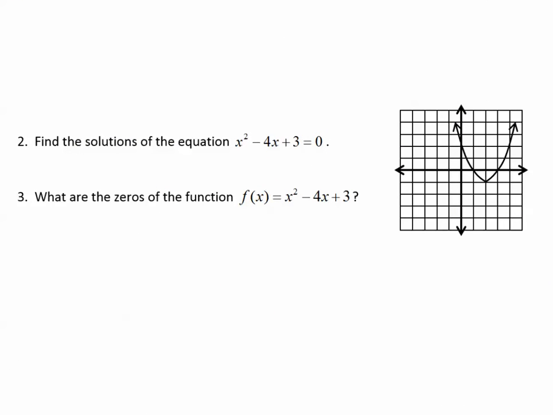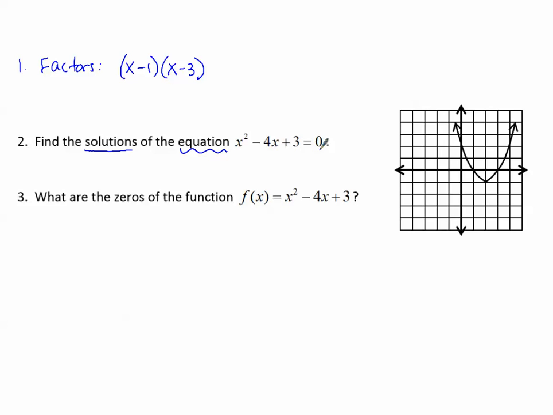So what if we were asked, find the solutions of the equation x squared minus 4x plus 3 equals 0. So in number 1, we were asked for the factors. And what we got were x minus 1 and x minus 3. This is the same quadratic, but notice that it's an equation.